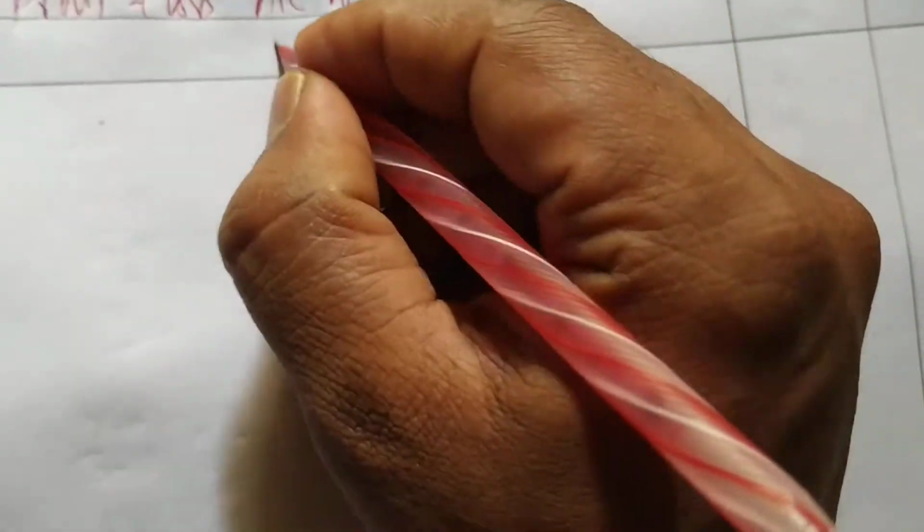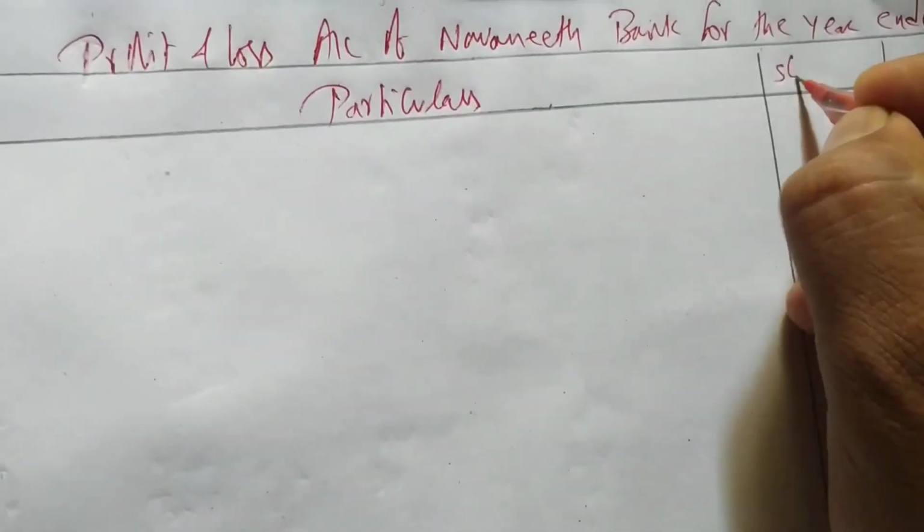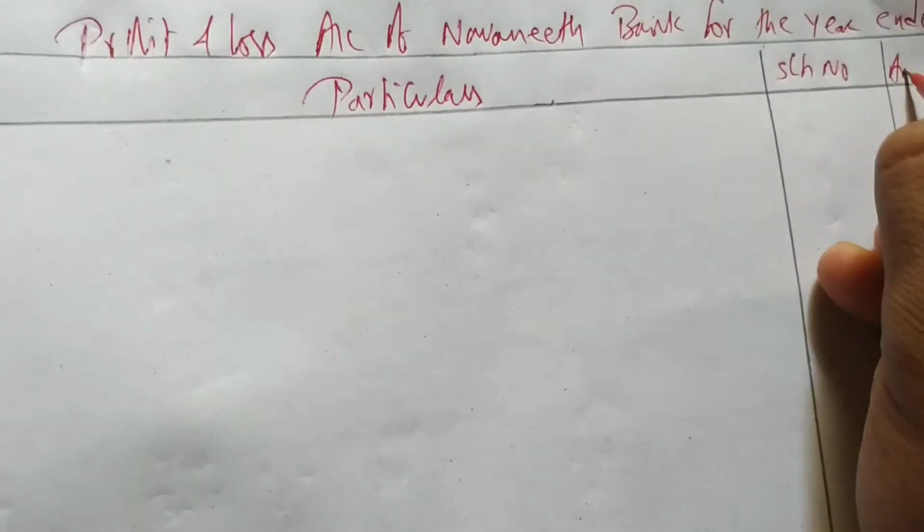Okay, so we'll write particulars, schedule number, amount. Okay. So first we have written the format, the headings we have written. Now we'll complete the format.